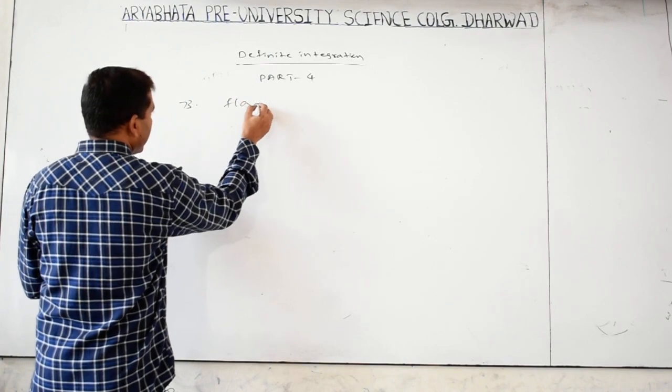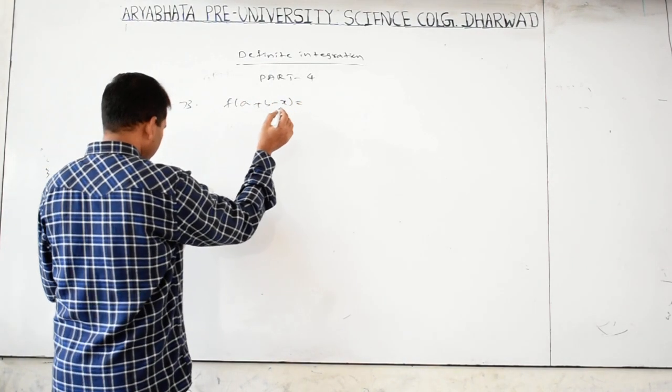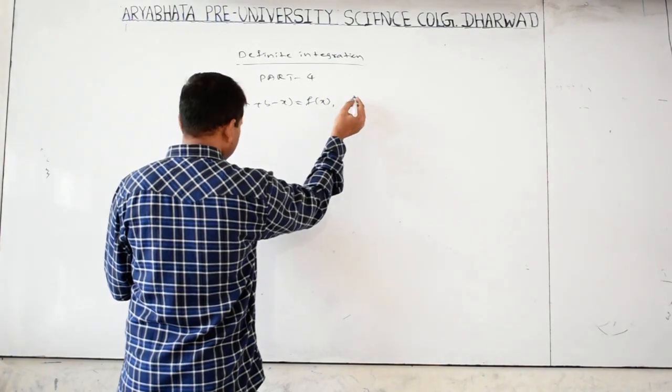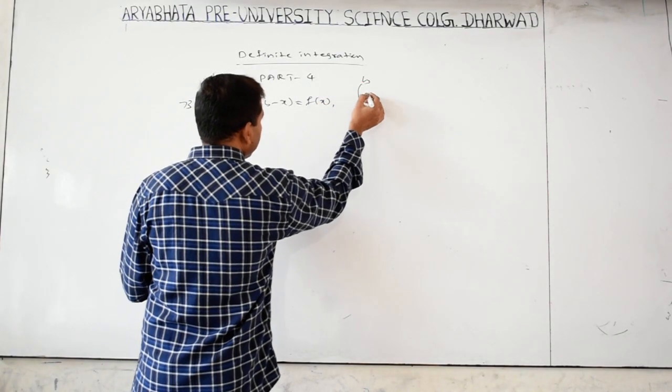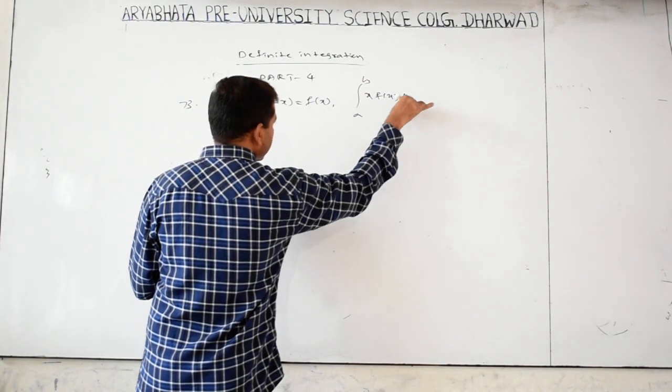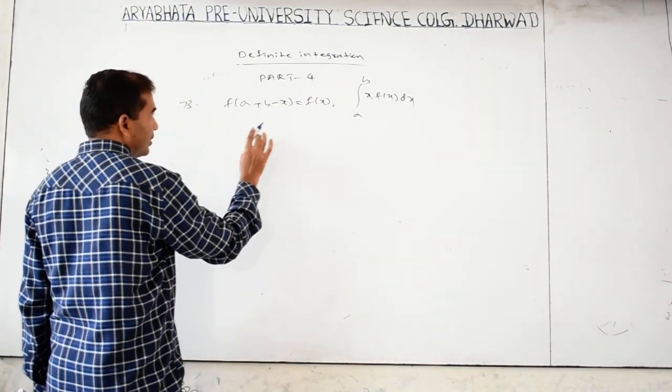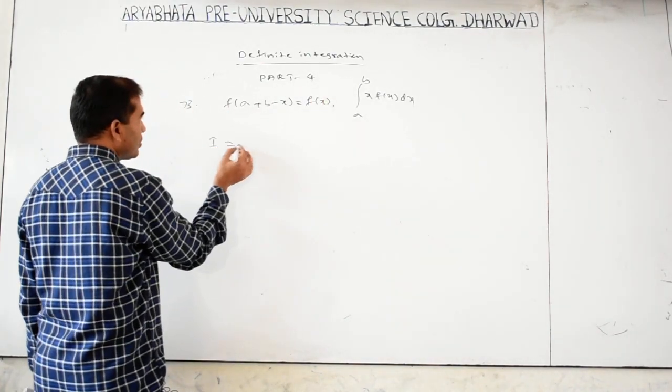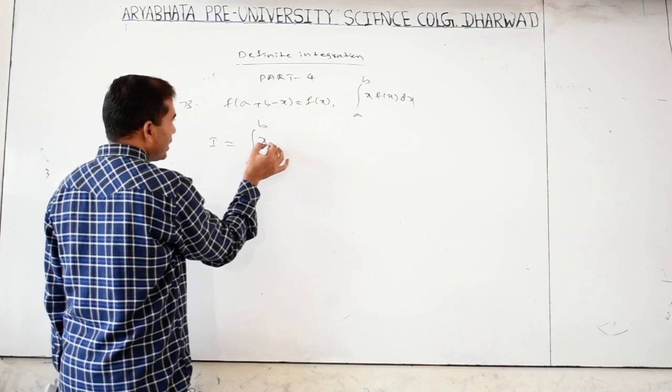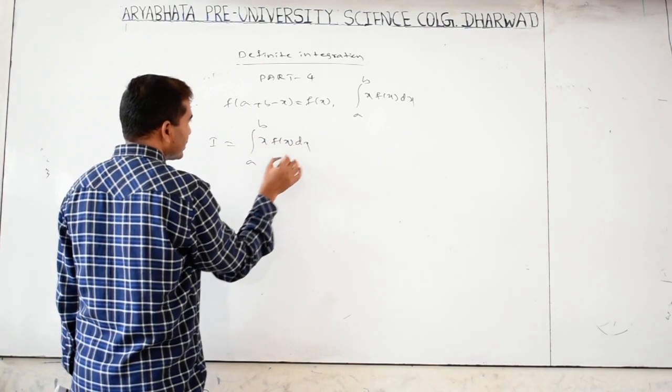If f of a plus b minus x equals f of x, then integration of a to b of x into f of x dx. x is there, so use the property. Let I be equal to integration of a to b of x into f of x dx.